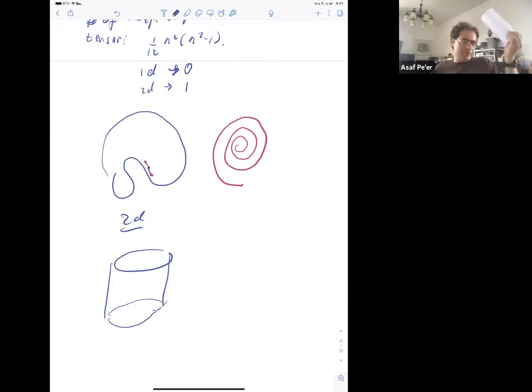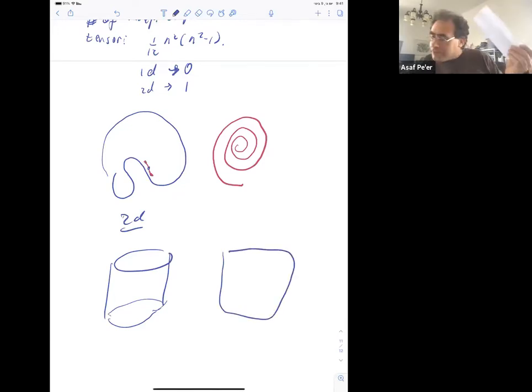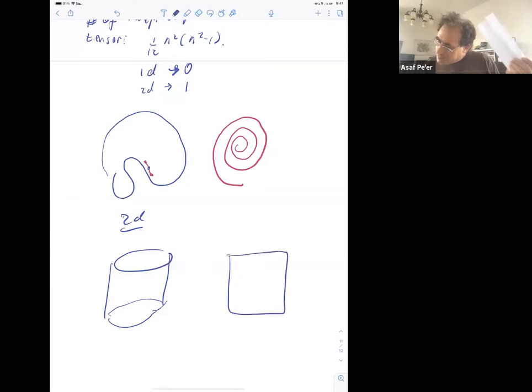But what did I do? I just took a piece of paper, flat space, and we just identify this boundary with this boundary. This is flat space. This is still a flat space.